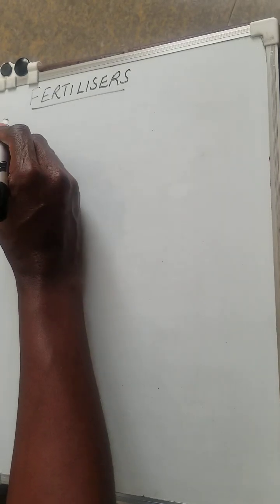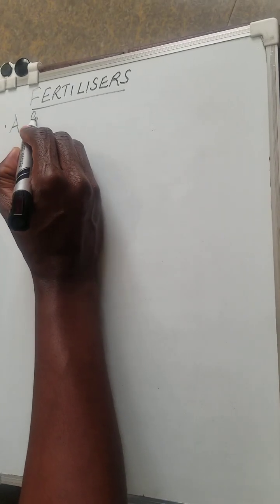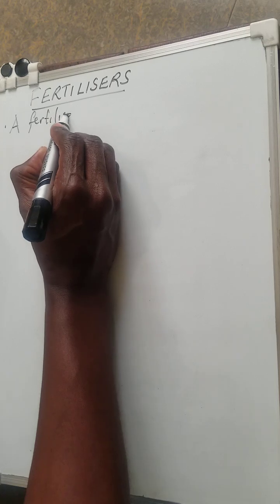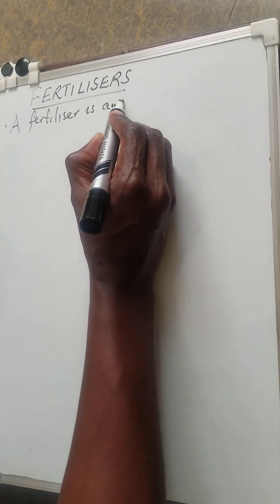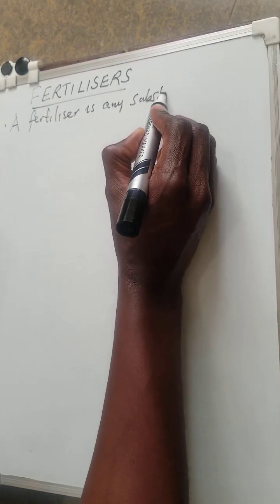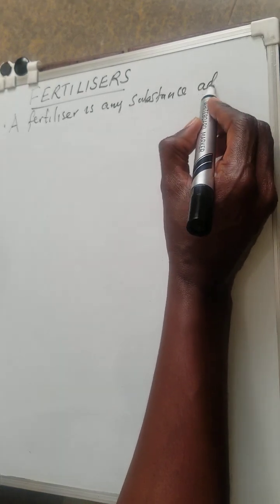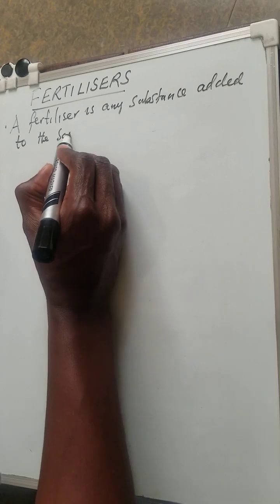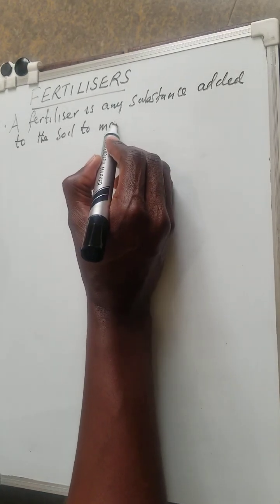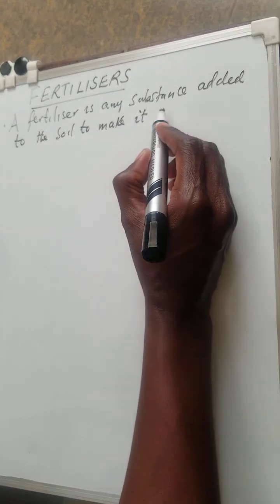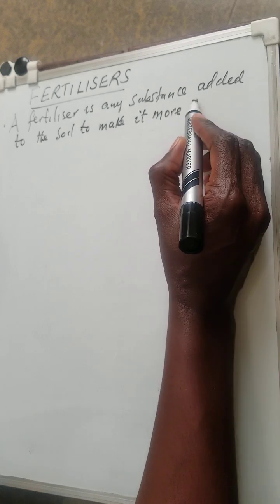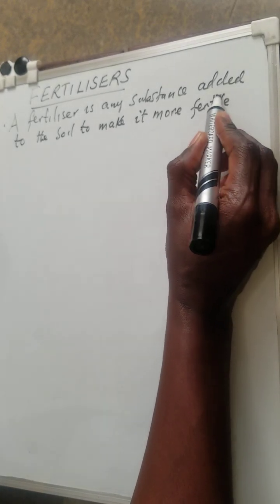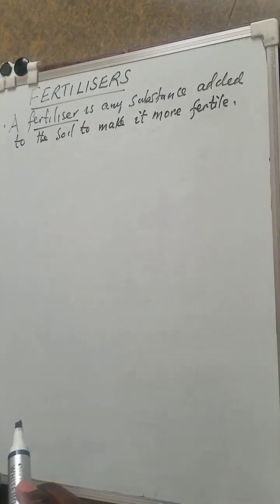So we can simply say that a fertilizer is any substance added to the soil to make it more fertile. So we call it a fertilizer.